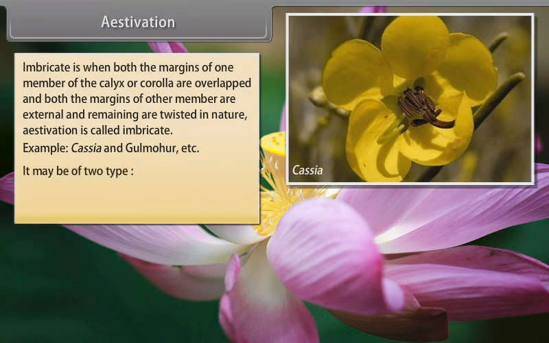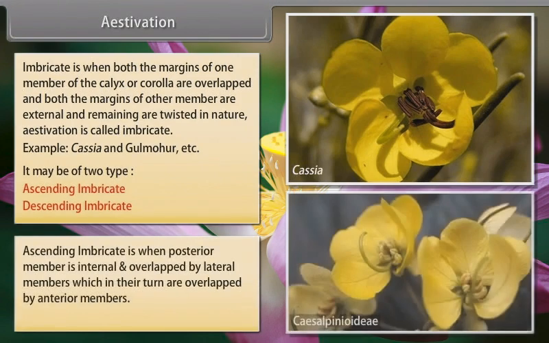It may be of 2 types: ascending imbricate, descending imbricate. Ascending imbricate is when posterior member is internal and overlapped by lateral members, which in their turn are overlapped by anterior members. Example, Caesalpinia.